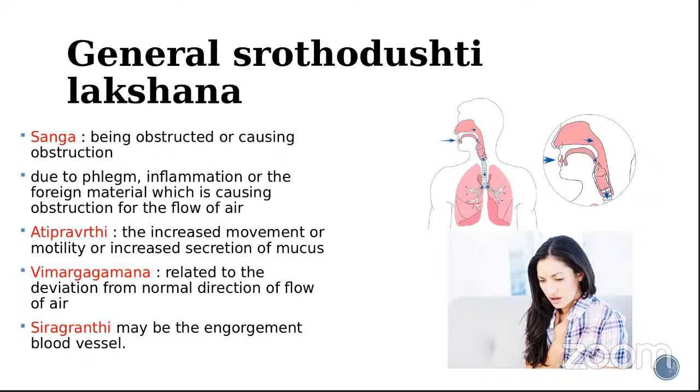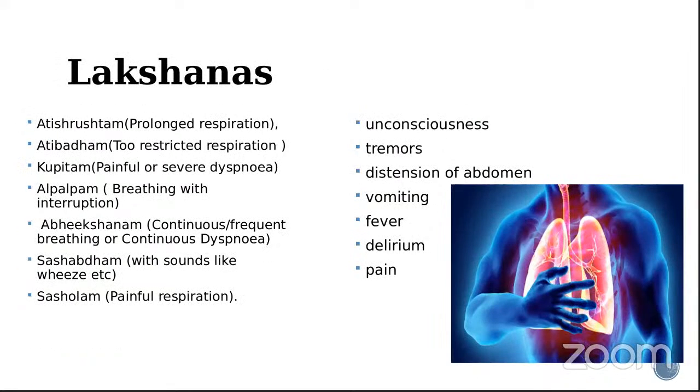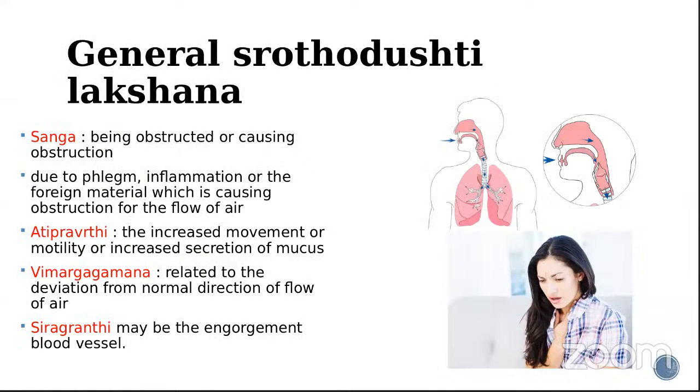So these are the four general lakshanas mentioned for general Srotodushti: one is obstruction, second is excess functioning, third is taking wrong directions, and fourth is abnormalcy in the blood vessels.